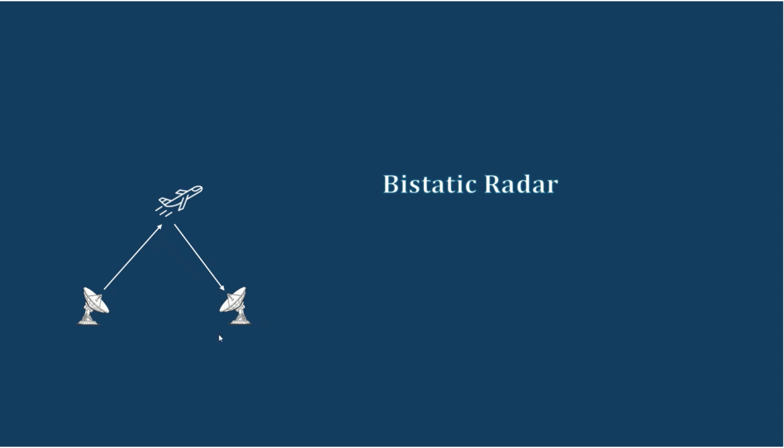So let's see why we have to place the receiving antenna in this position, and why it is not suitable to use the same antenna for transmission and reception as in the monostatic radar. Let's see the importance of placing this antenna at a position separated from the transmitting antenna.